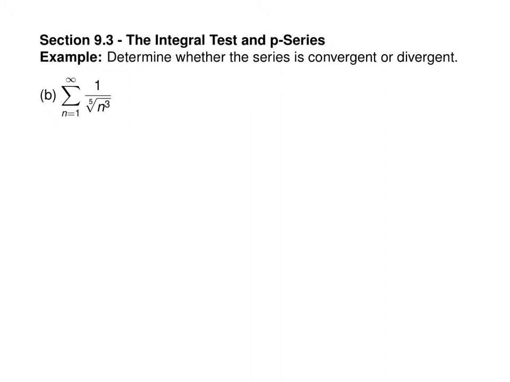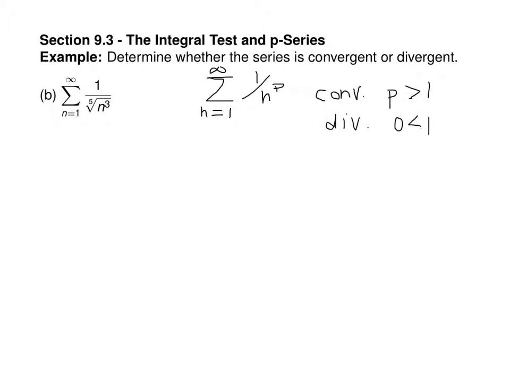In this section, the integral test was also used to prove something about p-series. Recall, if you had a series, a sum from, say, 1 to infinity of 1 over n to the p, this converges as long as p is greater than 1, and diverges if p is between 0 and 1 inclusive.